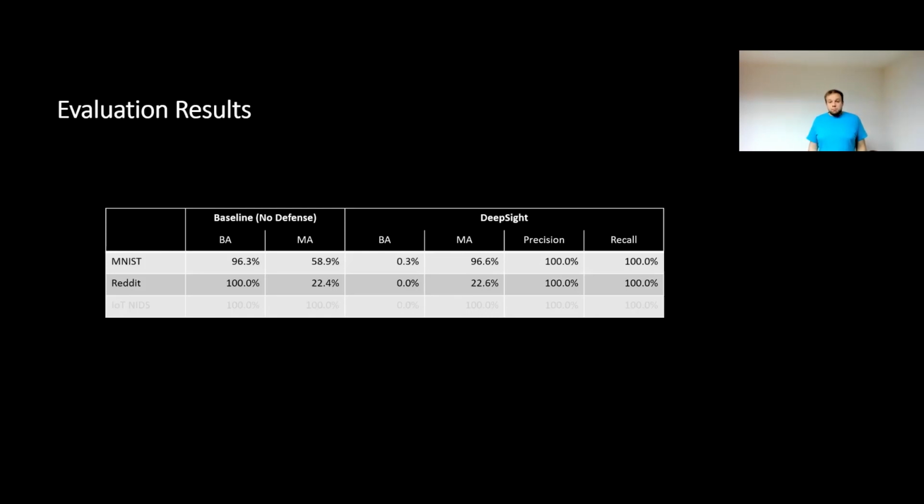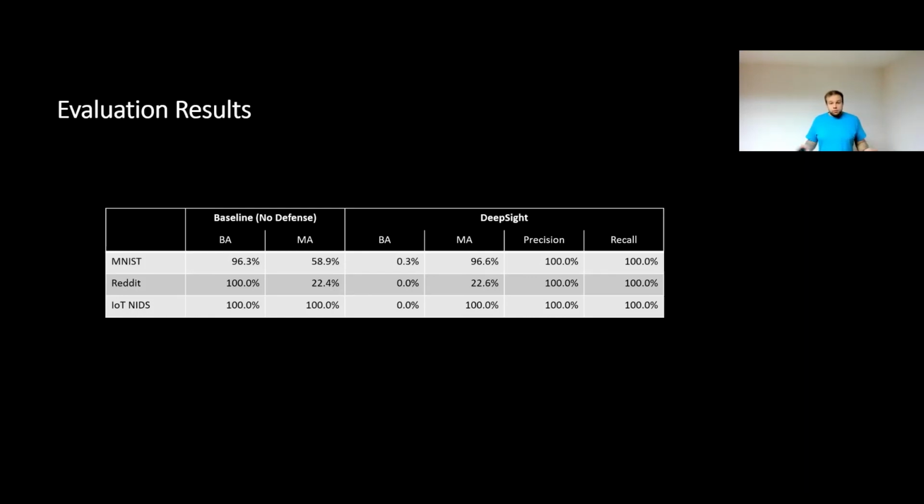DeepSight completely mitigates this attack. The Backdoor accuracy is 0, while the main task accuracy remains at 22.6%, and it perfectly distinguishes. The last application is the NIDS application that I mentioned in the beginning. Again, Backdoor accuracy and main task accuracy are 100% without defense, while DeepSight mitigates the attack and distinguishes the models.